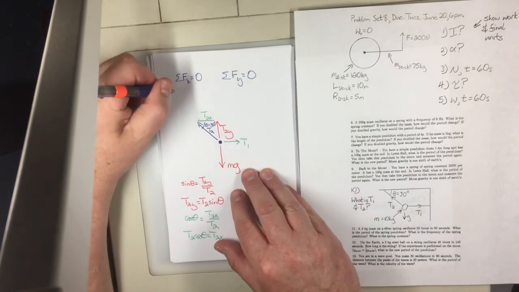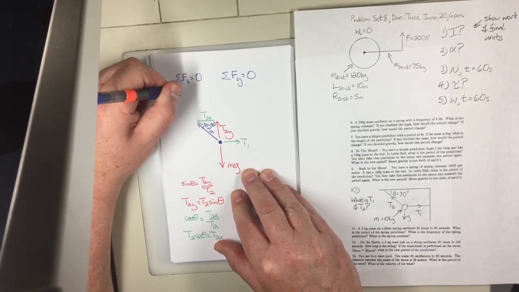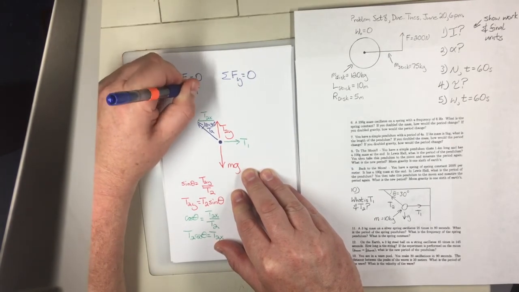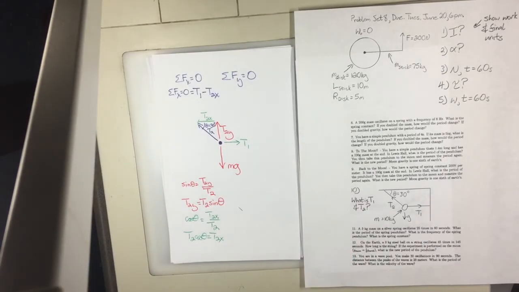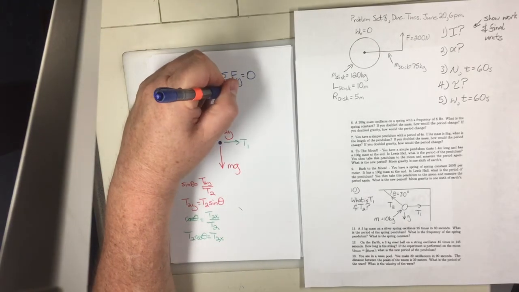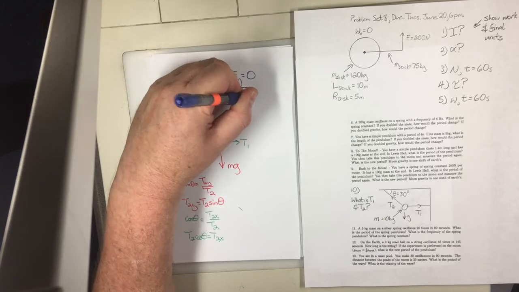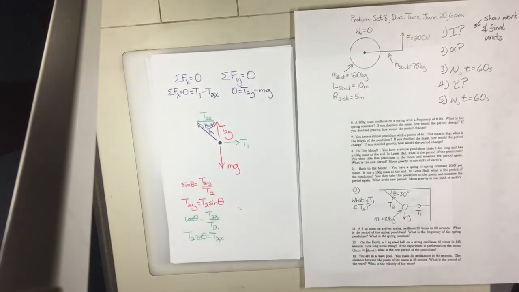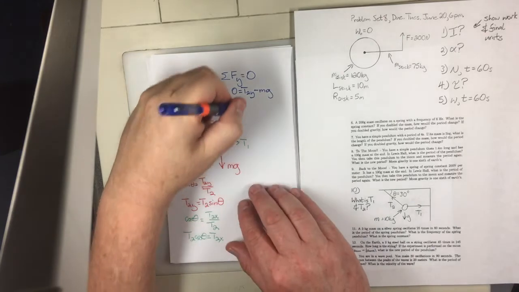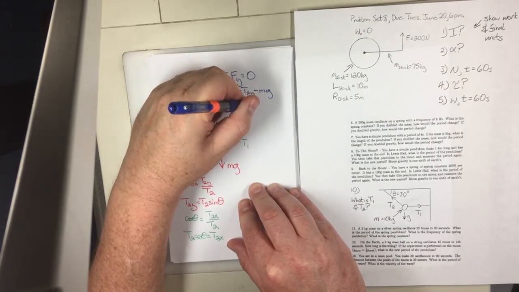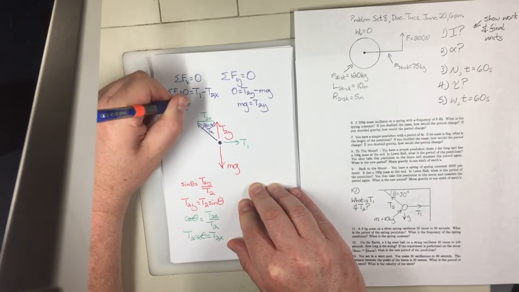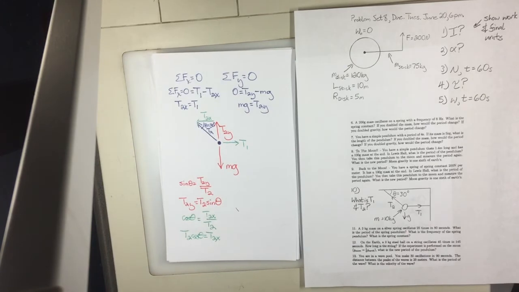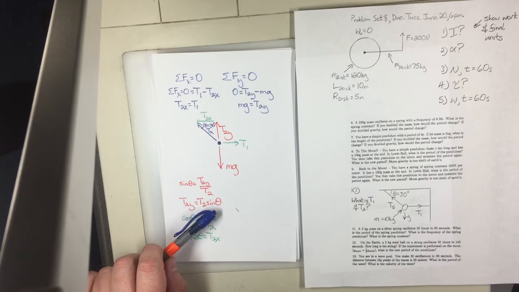This ends up becoming the sum of the forces in x, which is 0, is equal to T1 minus T2x. And 0 equals T2y minus mg. So mg is equal to T2y, and T2x is equal to T1. Now T2y is T2 sine theta.